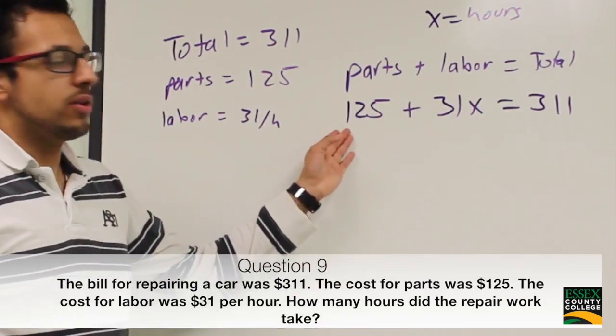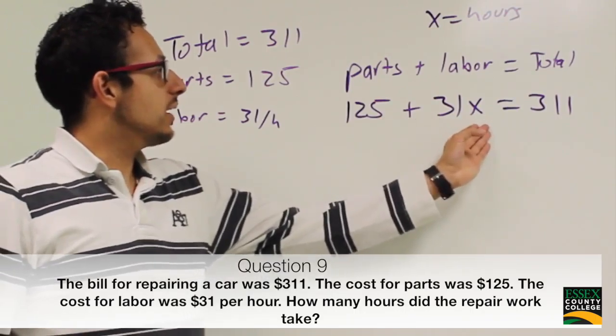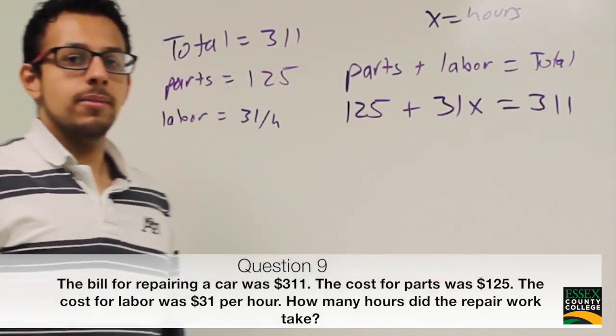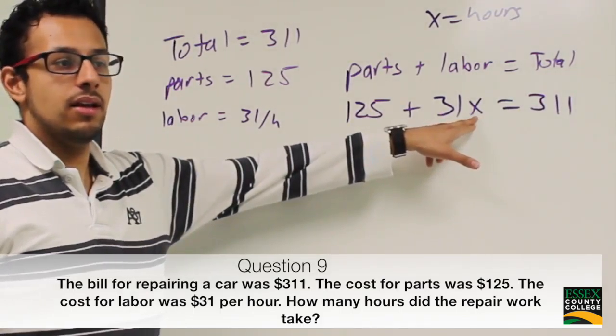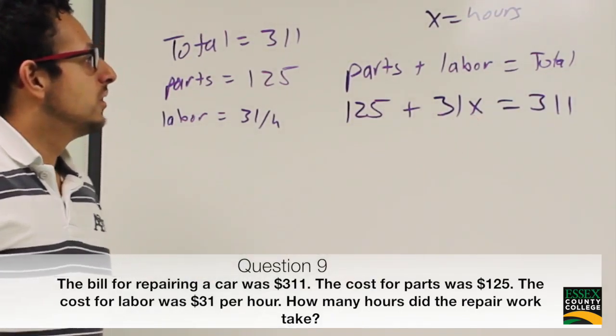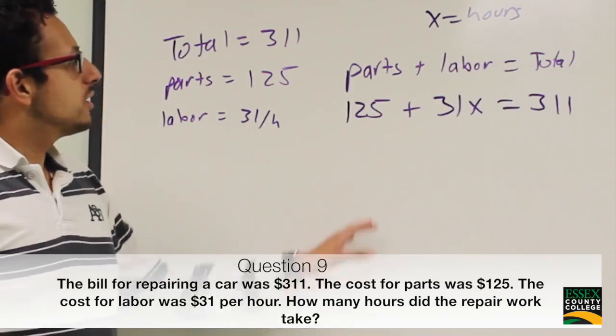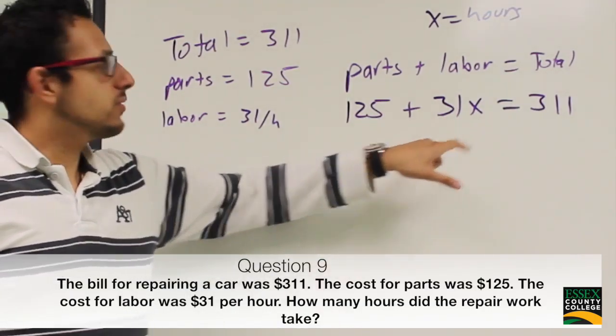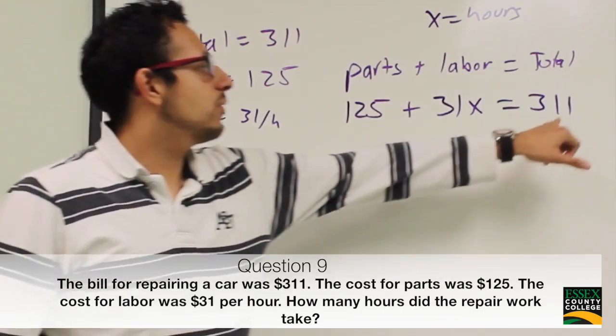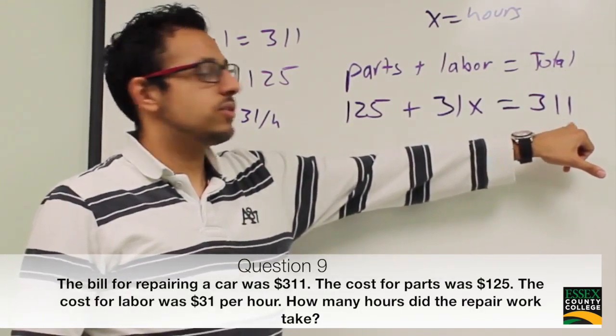So our equation is 125 plus 31x is equal to 311. Again, this is 31 times the number of hours. So to solve this, we're solving for x. We want this part to be by itself. So we're going to bring the 125 over to the other side of the equation.